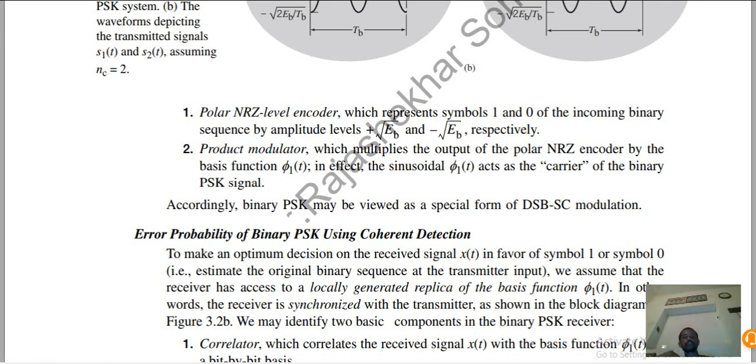In effect, the sinusoidal phi 1 of t acts as the carrier of the binary PSK signal, meaning we are sending the oscillator carrier frequency as a locked, coherent signal for the reception of the transmitted signal in binary PSK.